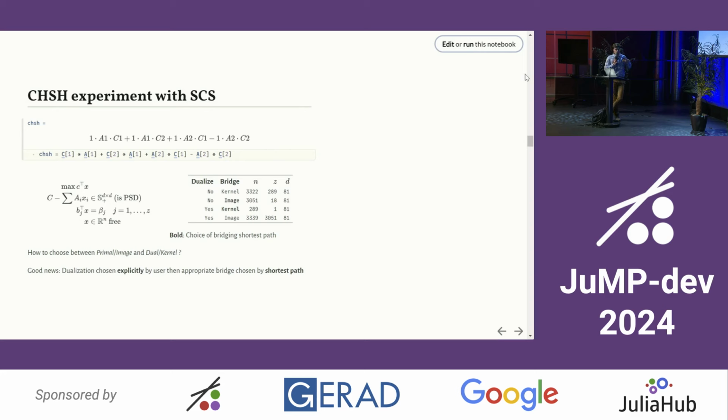So actually, if you just let the bridge use its heuristic by finding the shortest path with Bellman-Ford, it will always select the appropriate bridge. And if the user uses SCS, then it will automatically select this one.